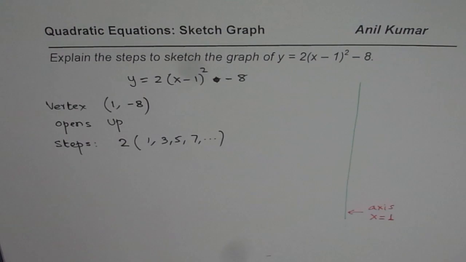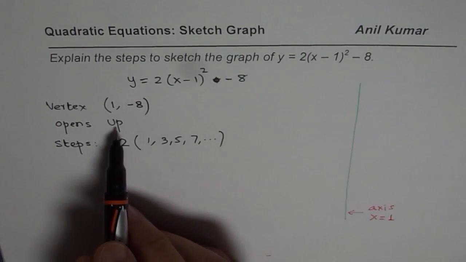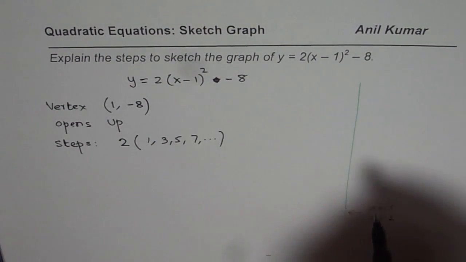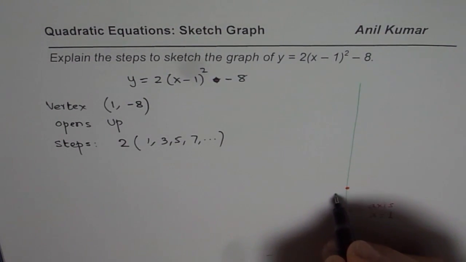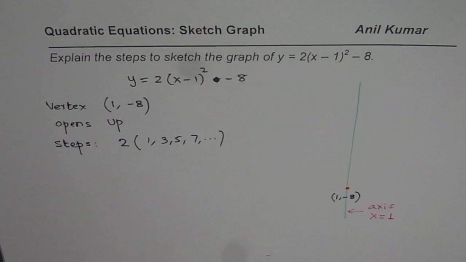Somewhere on this axis we have the vertex, which for a parabola which opens upwards, let us mark that point, right? So this is a point which is also the minimum. So we'll say this point for us is (1, minus 8), right? So that is the axis for us. I'm not drawing the y-axis, okay? This is the axis for the parabola.